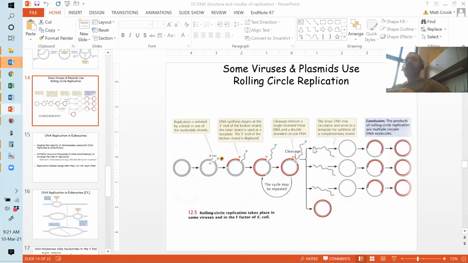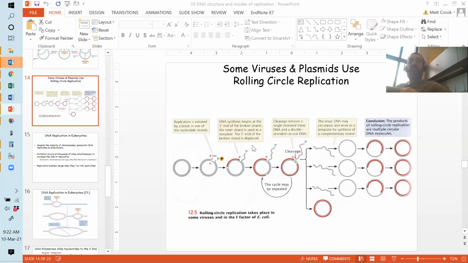So you can see while this is all going on, you're going to be circularizing the DNA that comes off first, right? You'll still be producing the linear DNA, but while you're doing that, that circular template can also be copied to generate this newly synthesized circular bit of DNA, right?